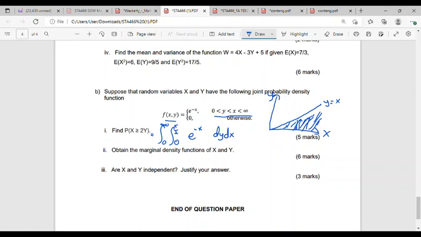So now it is no longer this function, this line. If the interval is this line, but now because of x more than or equal to 2y, we have to make it x equal to 2y actually. It's x equal to 2y.